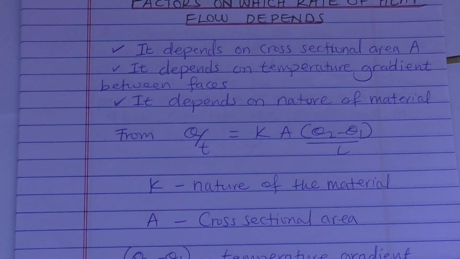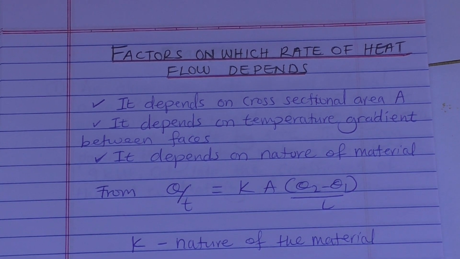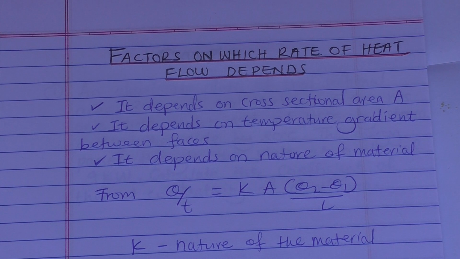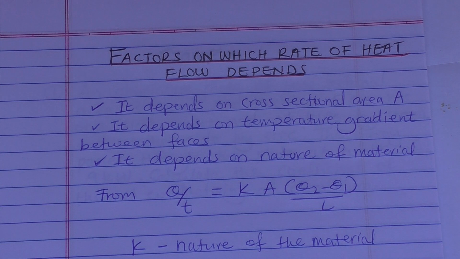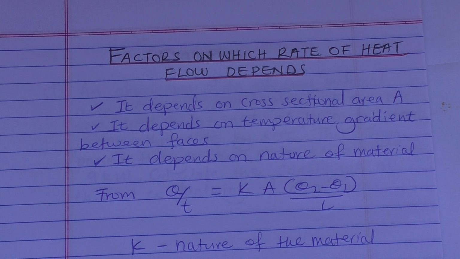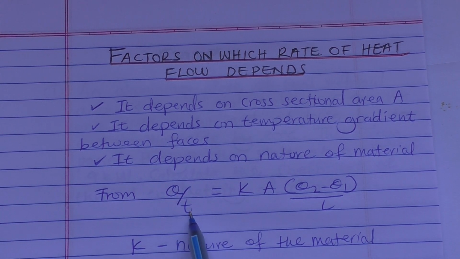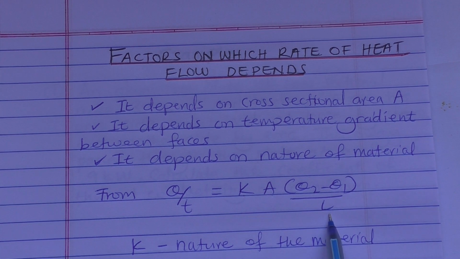thermal conductivity. Then from there we shall come back and look at the factors which affect the rate of heat flow through a given material. From the equation for rate of heat flow, we've seen that the equation is given by rate of heat flow equaling thermal conductivity K times the cross-sectional area times the temperature gradient.